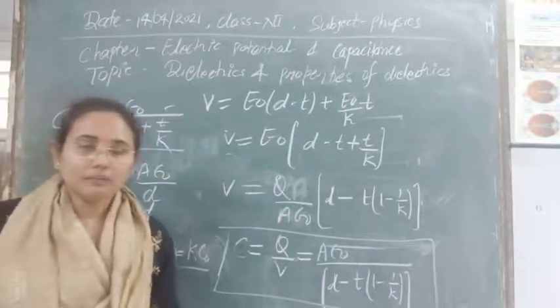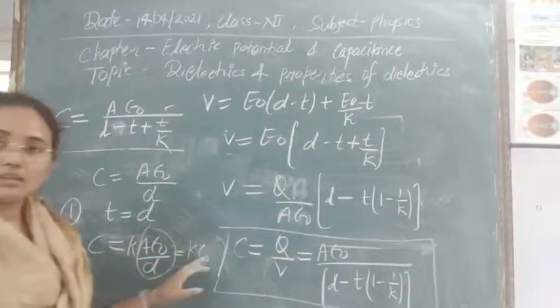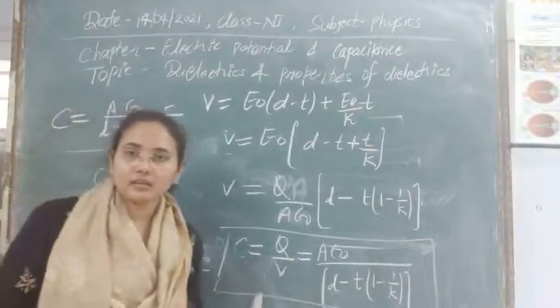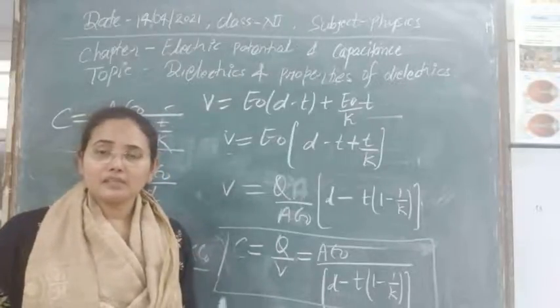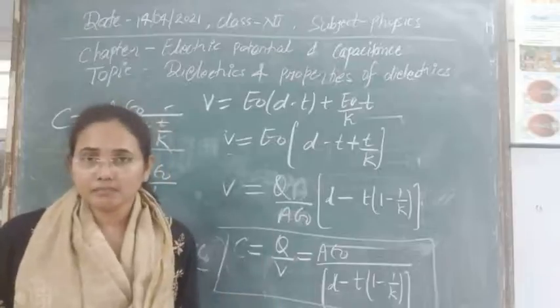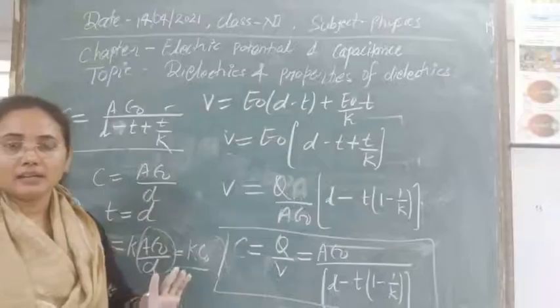By this concept we can see its capacity increases many times. Suppose the dielectric constant is 2 point something, then the capacity will increase by 2 point something times directly by inserting the dielectric slab.